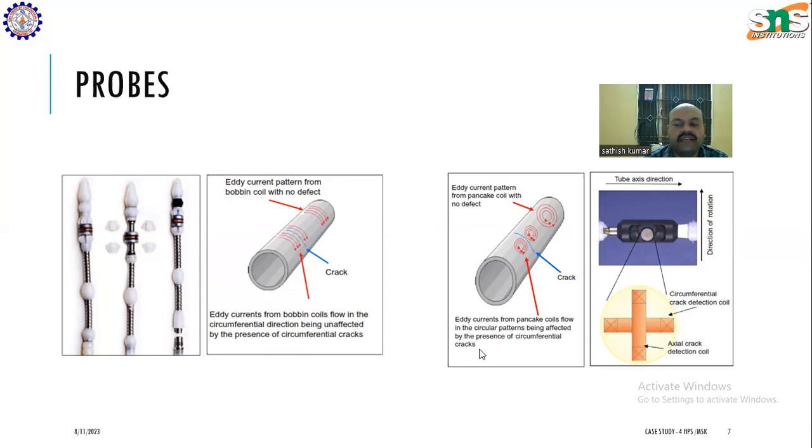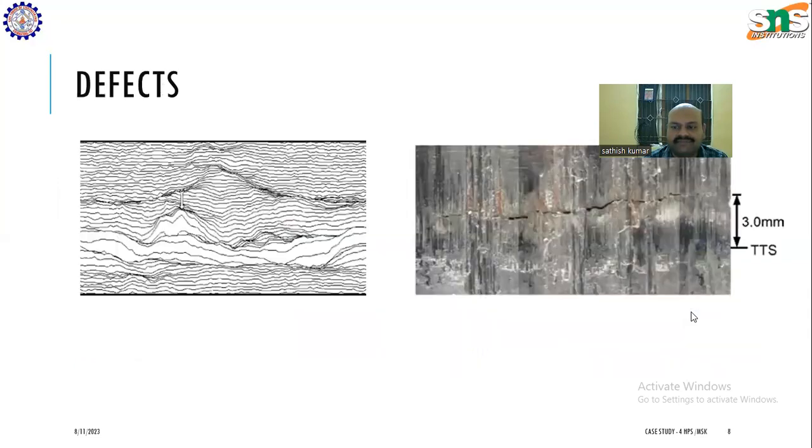So it is very clear that the axial crack detection coil and circumferential crack detection coil are distinguishably shown here. This is the difference in impedance where you could see some cracks in the workpiece, and the area detected is 3 mm.